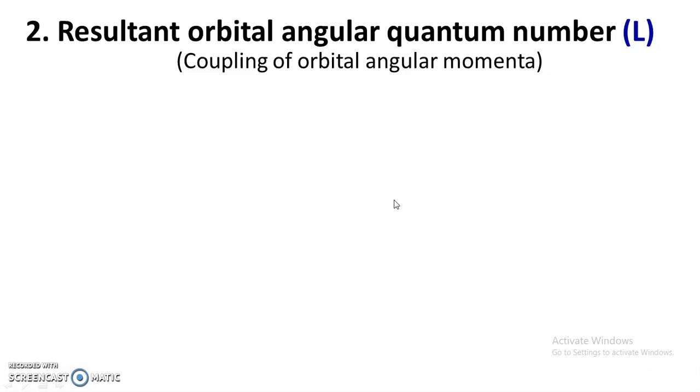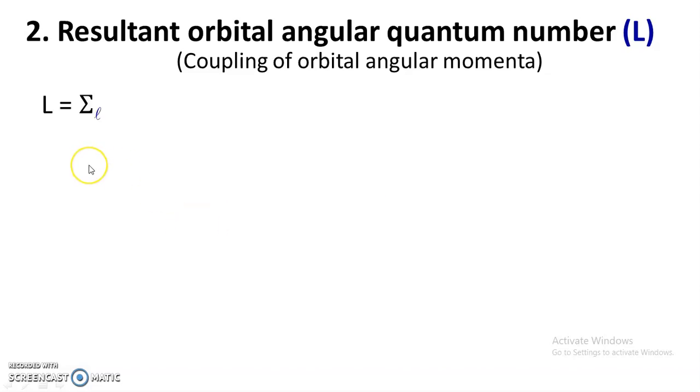When there are more than one electron, then instead of the azimuthal quantum number we consider the resultant orbital angular quantum number, that is capital L.